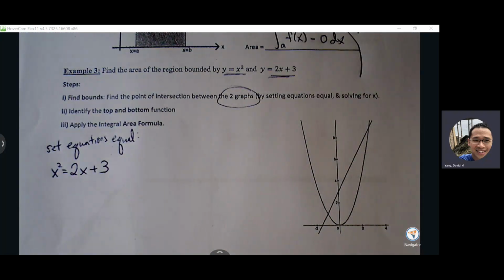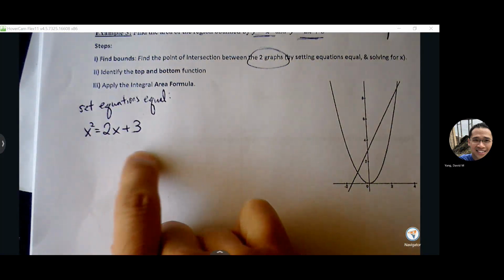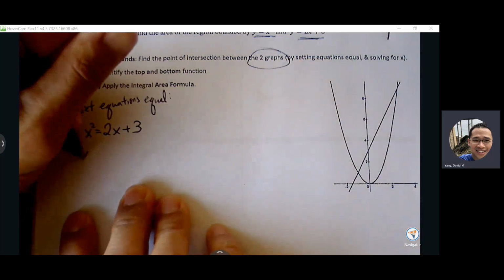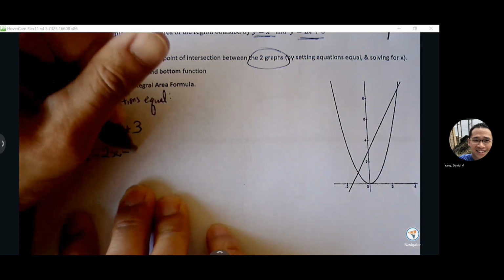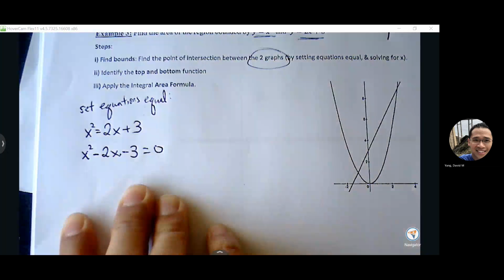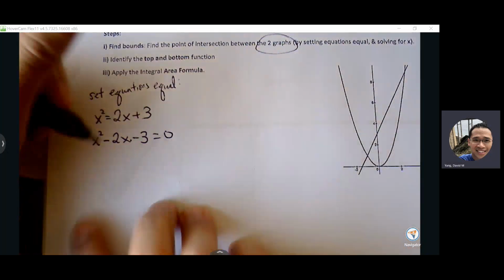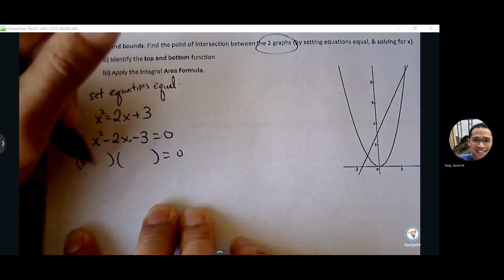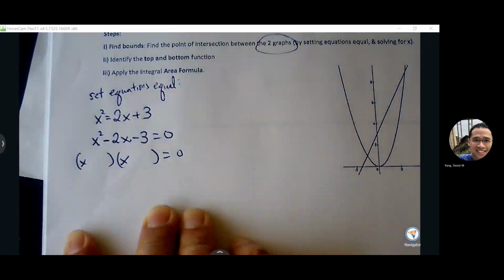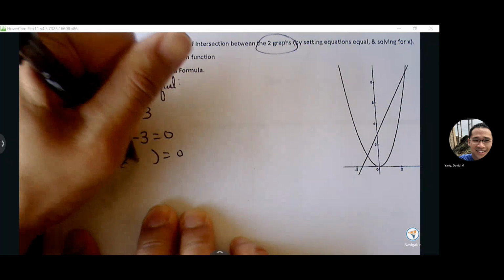We have a quadratic equation. What can we do here? Bring everything over to one side. Go through factoring: multiplies to be -3, adds up to be -2. What are those two numbers? -3 and +1.